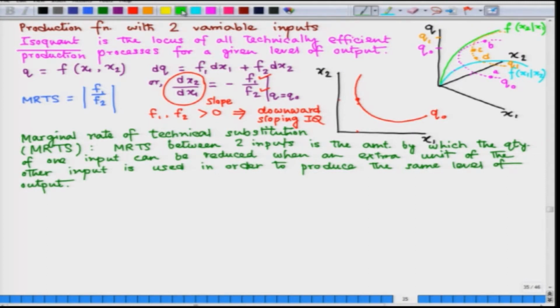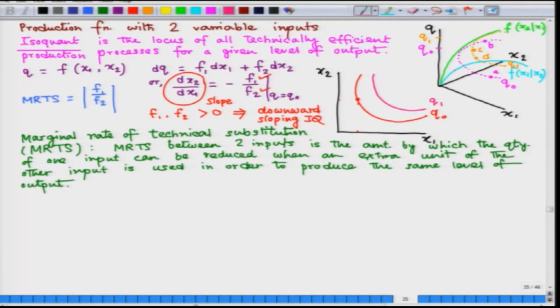So now we are going to go back to the isoquant Q naught, and of course one can have a series of isoquants displaying various levels of outputs. So, one can have another isoquant, say Q1 level of output.